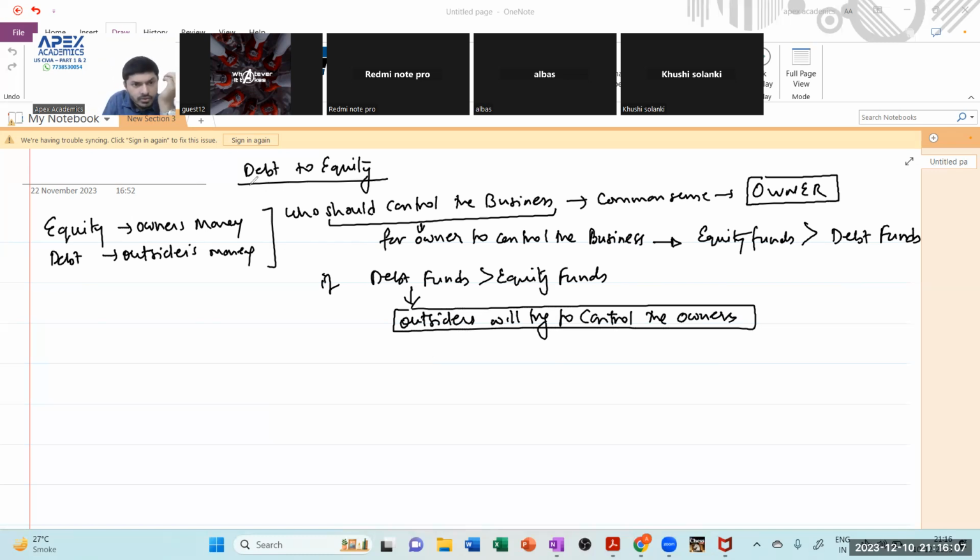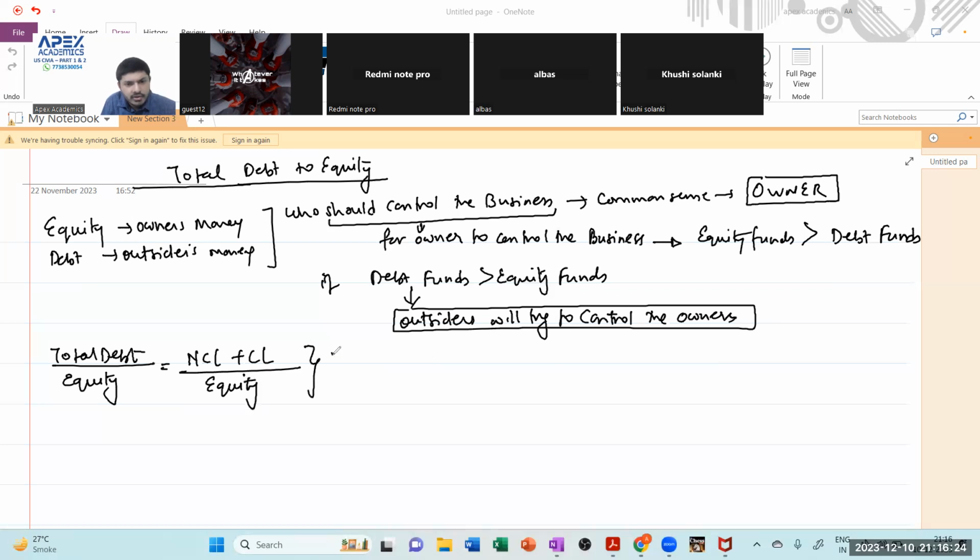So, what is total debt to equity? Total debt upon equity. What is total debt? Non-current liabilities plus current liabilities upon equity. Lower the better for two reasons.